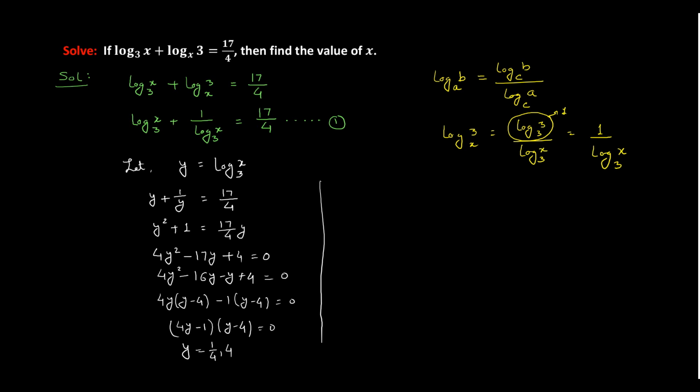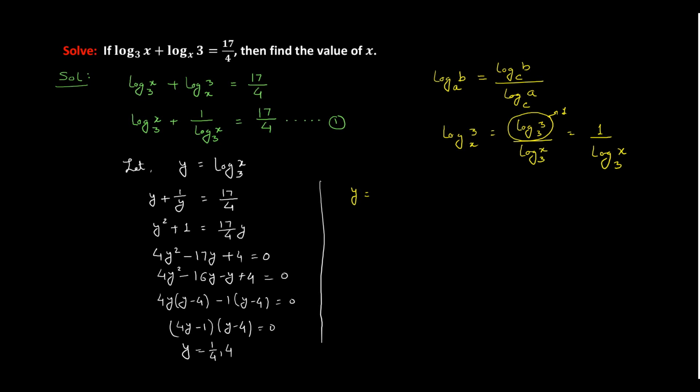So if we substitute the value of y, we will get the value of x. Here we have assumed that y is equal to log of x to the base 3. So we will substitute this value of y one by one. Let's substitute the value of y first as 1/4.